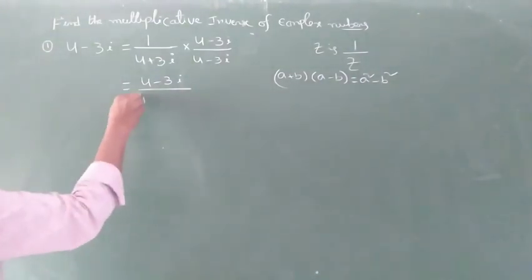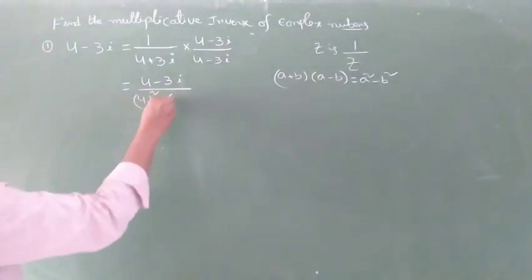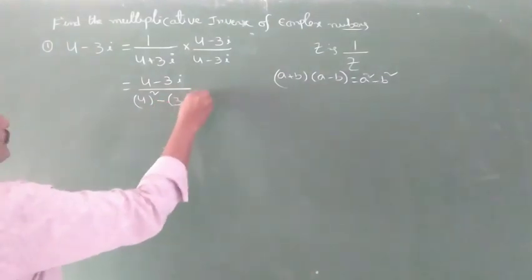So a square minus b square, 3i whole square.